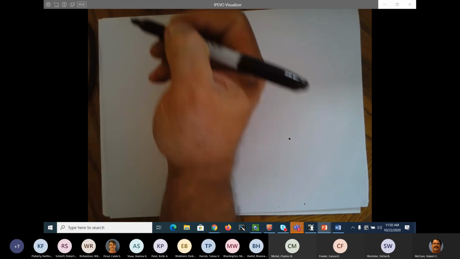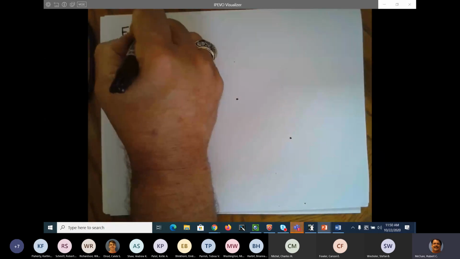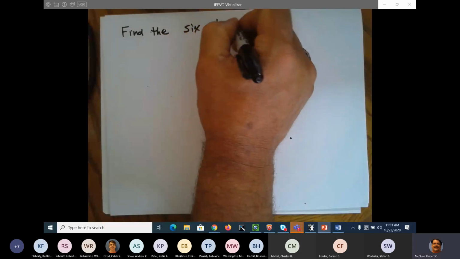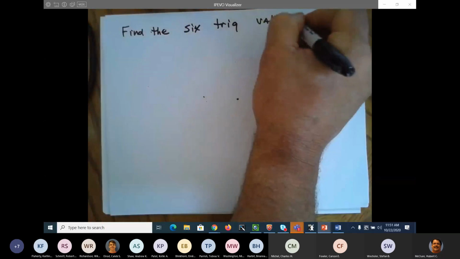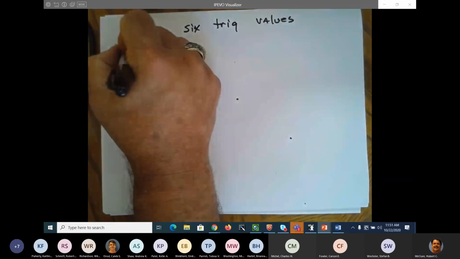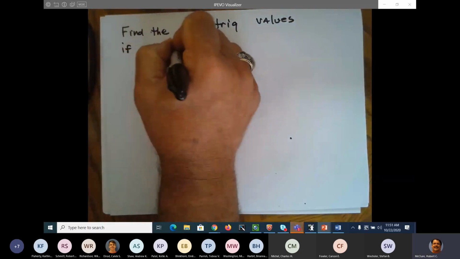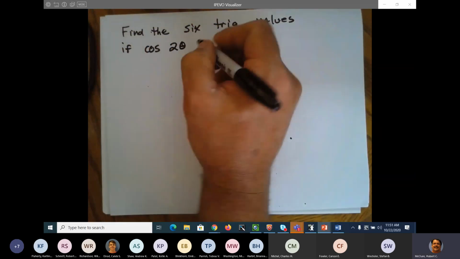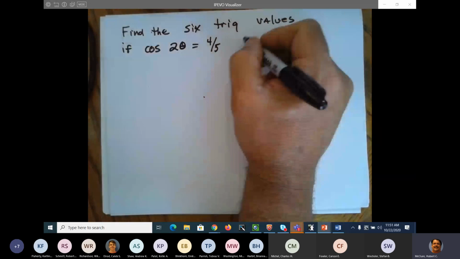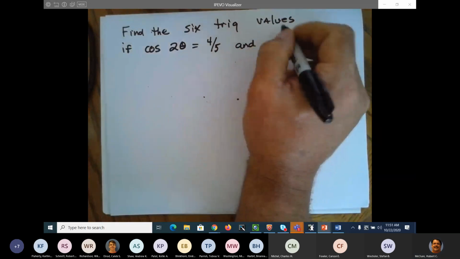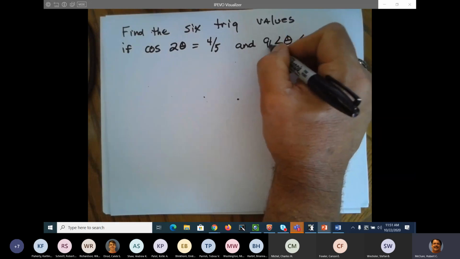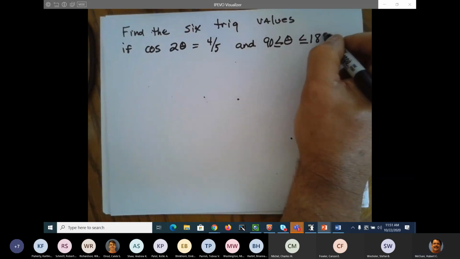Okay, here's one. Find the 6 trig values if the cosine of 2 theta is equal to 4/5, and theta is between 90 and 180.